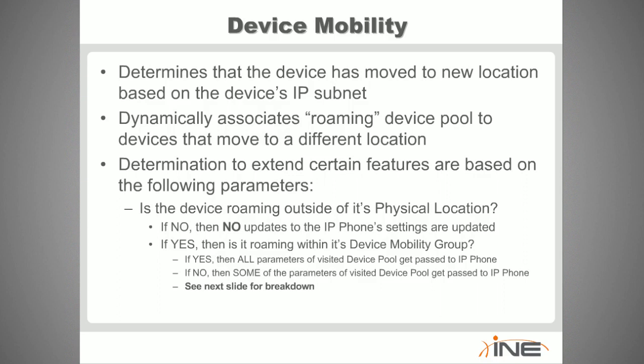Maybe I've got one subnet per floor if it's a rather large building. I get up to the third floor of the other building. I finally associate with the wireless AP that I'm going to be at for a while, visiting for maybe an hour or two for a meeting, and CUCM sees my new subnet. It sees that it's tied to another device pool, building 2, but it's the same campus, the headquarter corporate campus or Columbus campus.